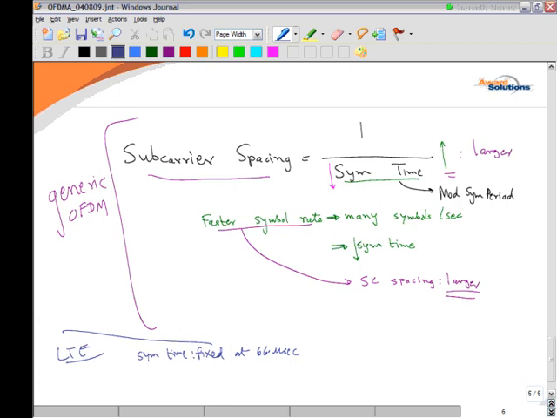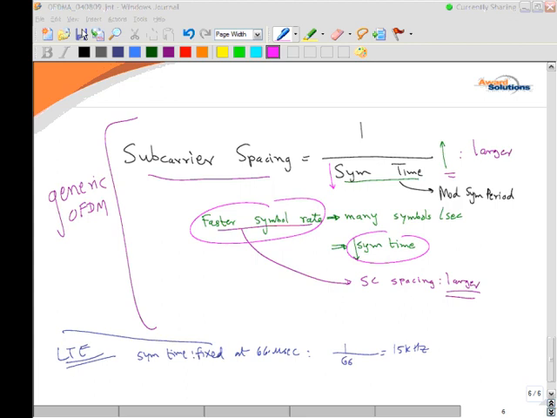If the symbol time is always fixed, then you will always get 15 kHz. That is LTE. But in the question, we are saying that if we have a faster symbol rate, so symbol time goes down, then what will happen? That's why we asked the question in that way.